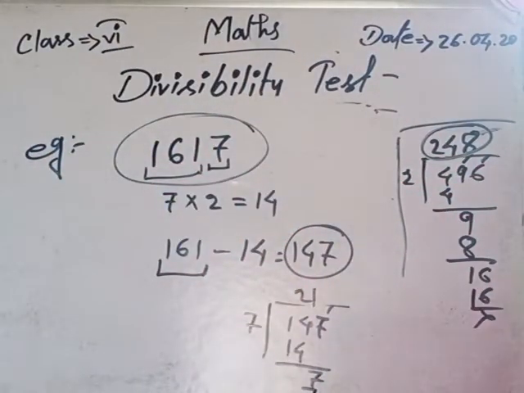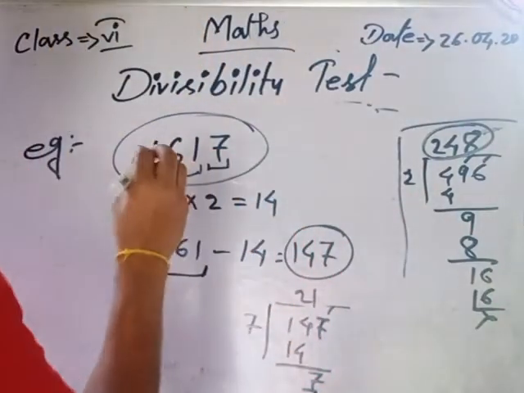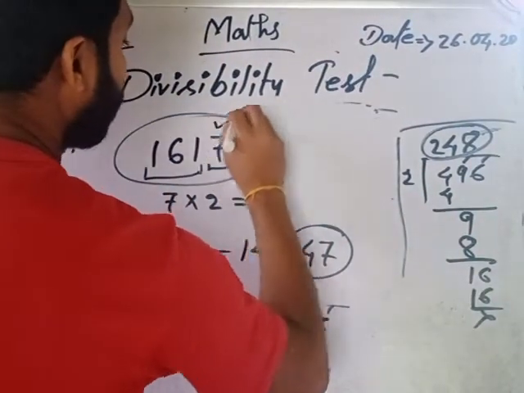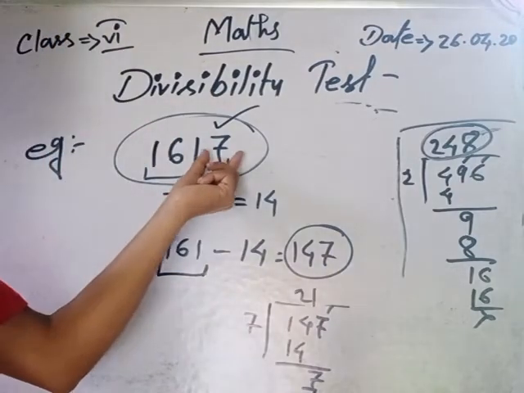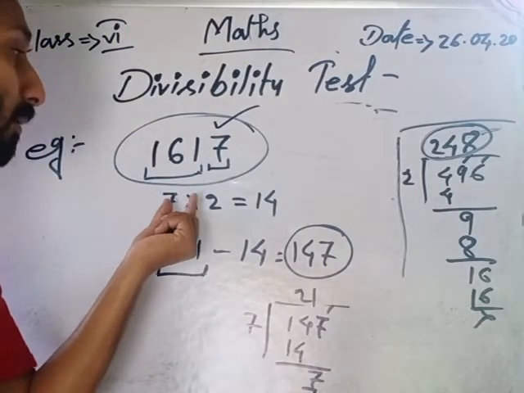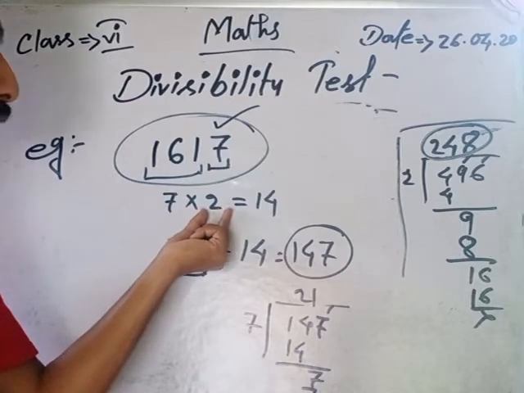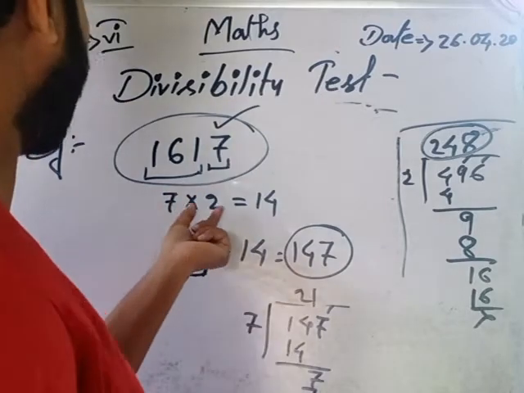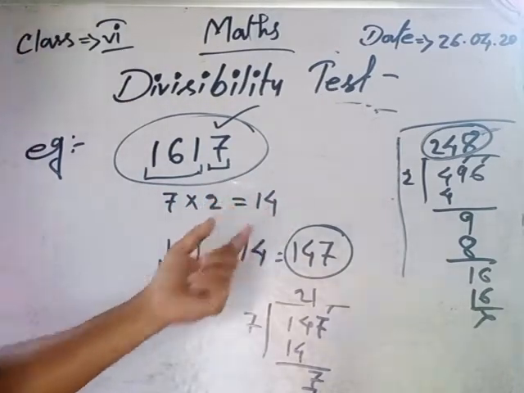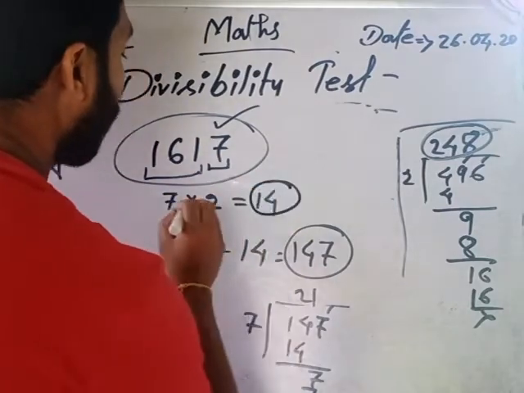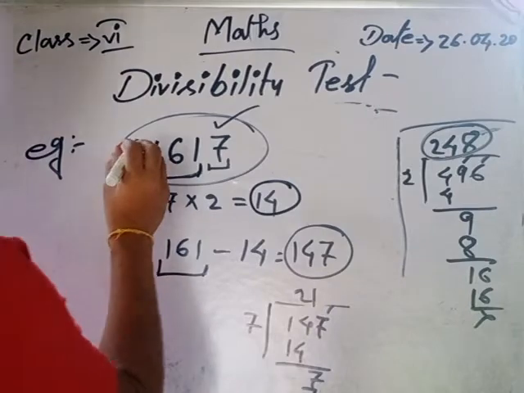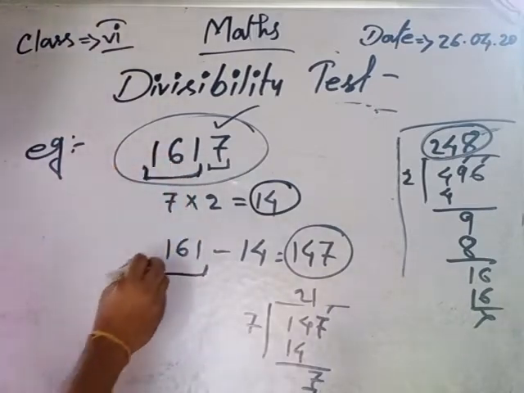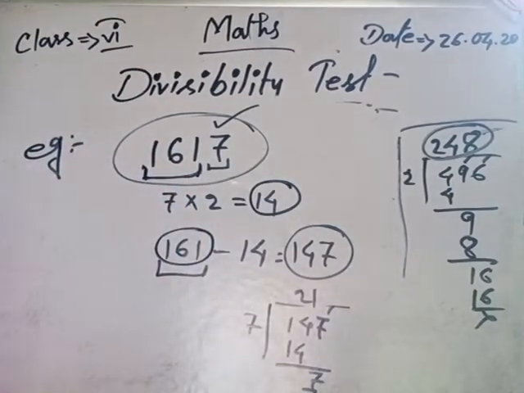Yes, I will tell you again. If the extreme right digit is 7, you take twice of this digit, that means you multiply the last digit by 2, which is 14. You subtract this number from 161, because the other digits of the number form 161.